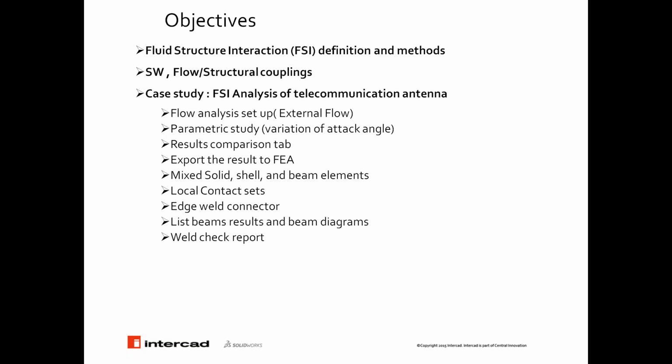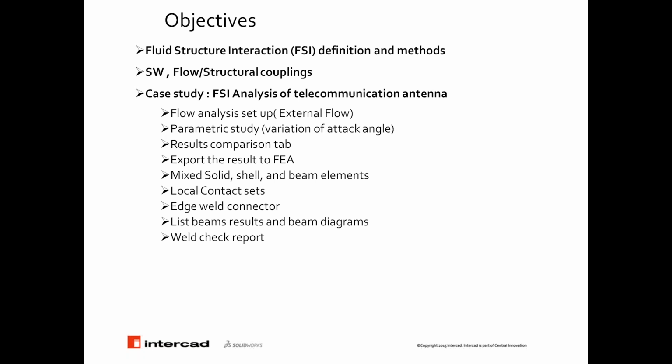Because of the structure we have, we introduce different meshing techniques and different element types such as solid, shell, and beam elements. We will introduce how we can use all three elements in one model. We will introduce local contact sets, and also one type of connector, which is edge weld.